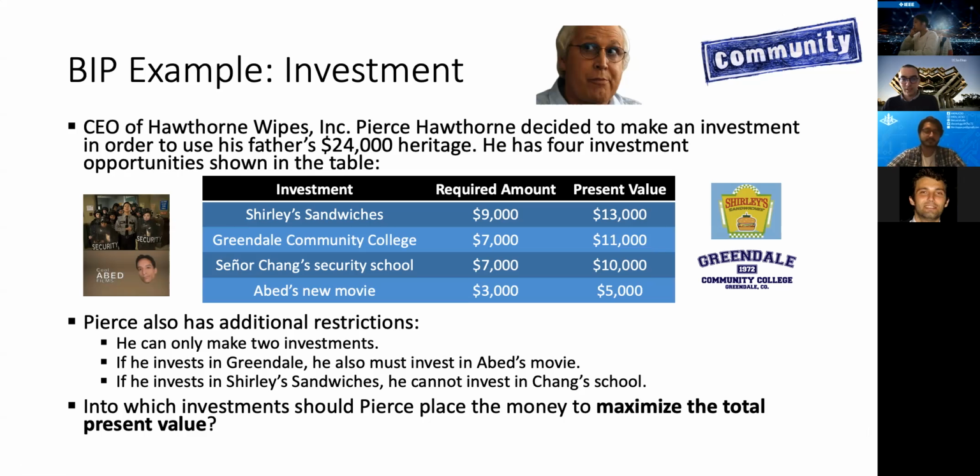Yes, thank you. This is coming from a series, so I adapted the questions to be more fun. I don't know whether you like it or not. The CEO of Halfborn Wives, Pierce Halfborn, decided to make an investment in order to use his father's $24,000 heritage.